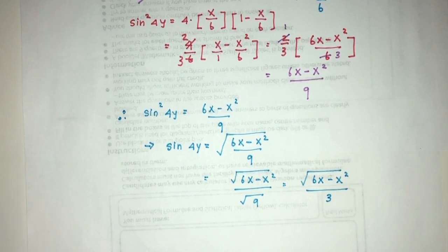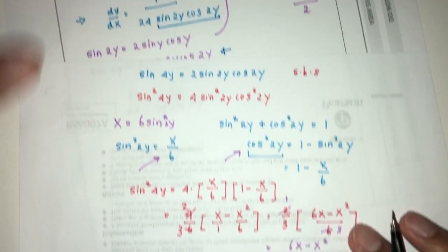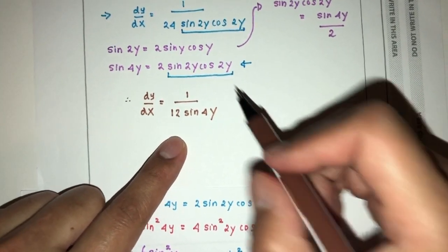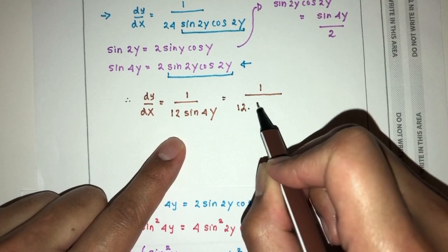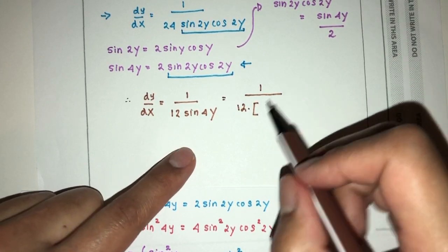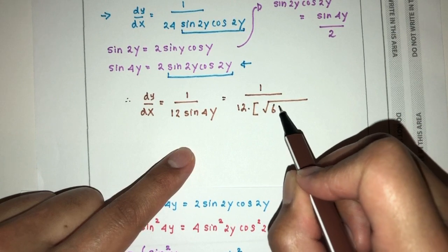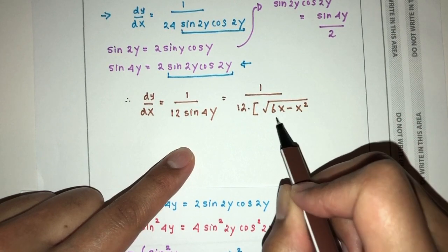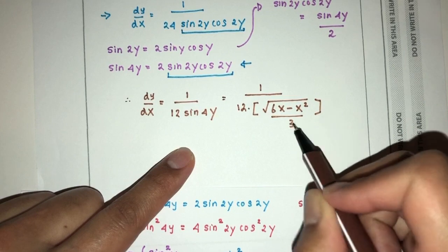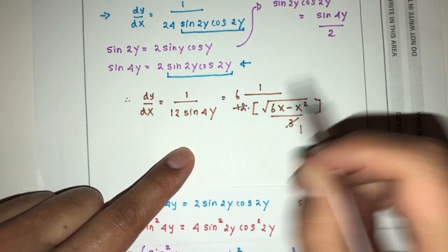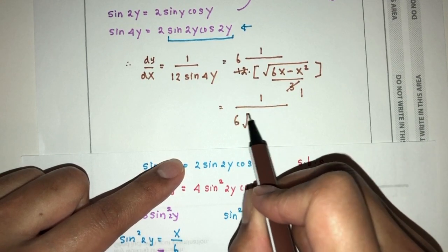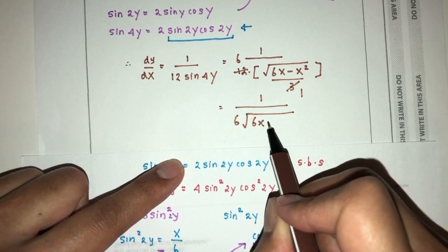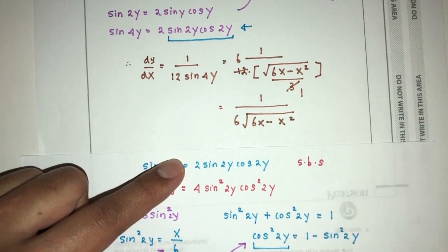So what's all this have to do with the question? Now if you observe from the first part of the question, we reached here, which means there has to be 1 over 12 times sine 4y, which was found to be root of 6x minus x squared over the value of 3, which means this will be 1, this will be 6, and you will have 1 over 6 root of 6x minus x squared.